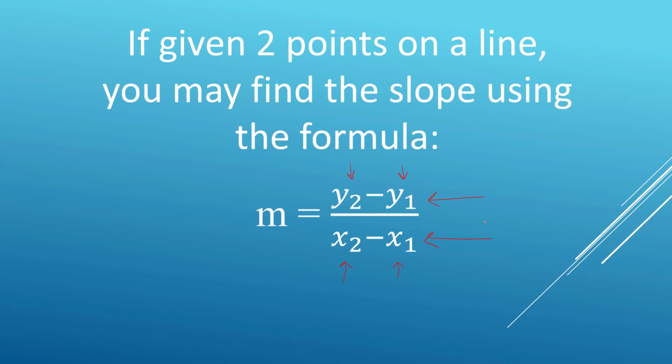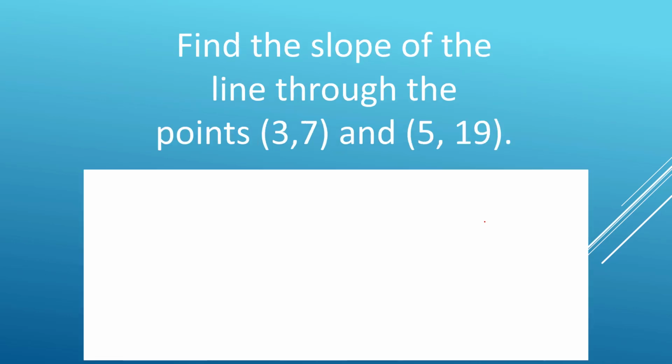And that's important language for us to be familiar with when it comes to math and slope. So now I'm just going to give us some ordered pairs so we can try this formula.